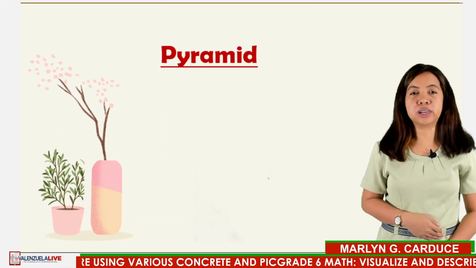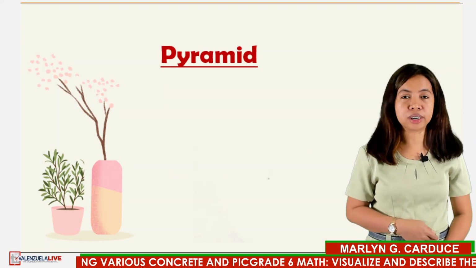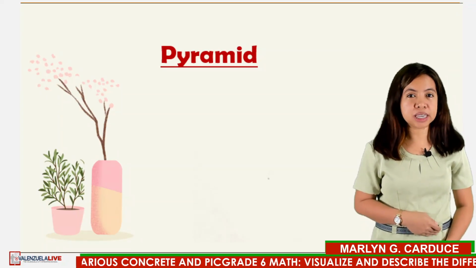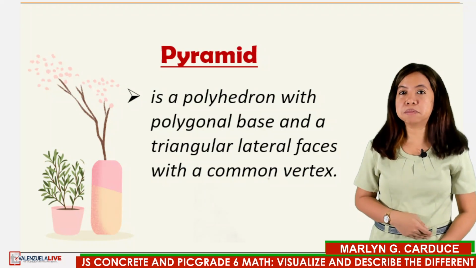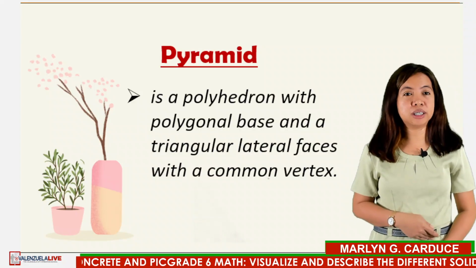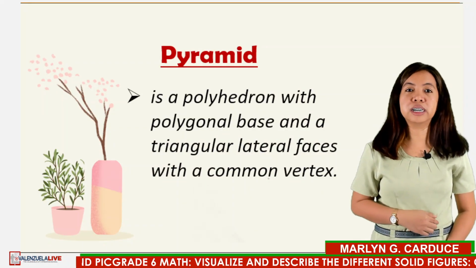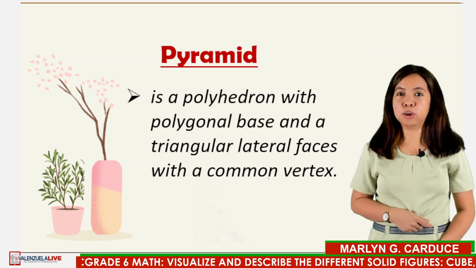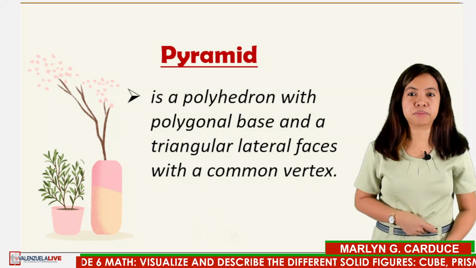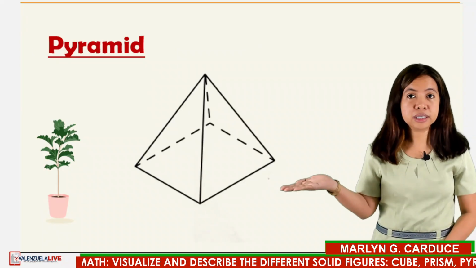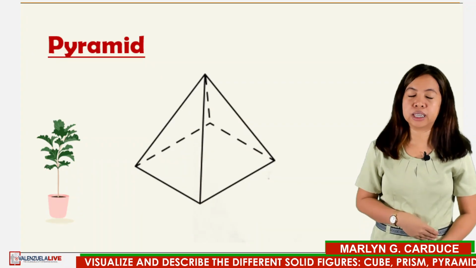So let's proceed to another example of a solid figure, and that is the pyramid. A pyramid is a polyhedron with a polygonal base and triangular lateral faces with a common vertex. So this is an example of a pyramid.